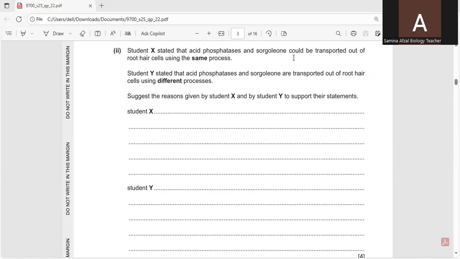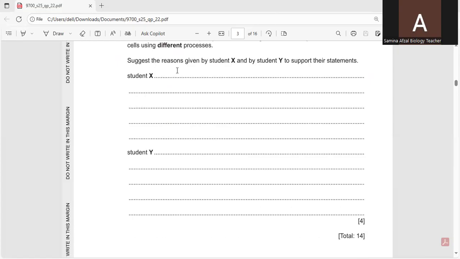One said they will be transported out using the same process; the other said no, they will be moved out through different processes because the nature of both of these macromolecules is different, and they are produced on different endoplasmic reticulums, one on the rough and the other on the smooth. Suggest the reason given by student X and by student Y to support their statements.